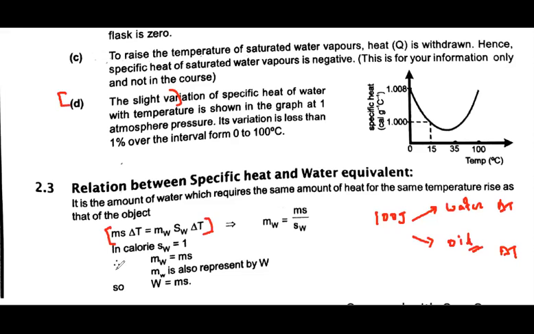Yes or no? So the mass of water we calculate: mass of water is ms by SW, and SW is 1. The specific heat of water is 1 per gram, because it is 1000 per kg. So MW is the water equivalent of this. Don't you think that MW is equal to heat capacity?